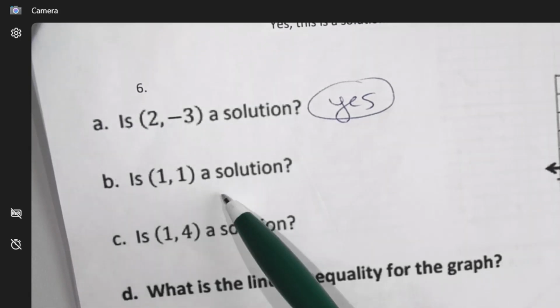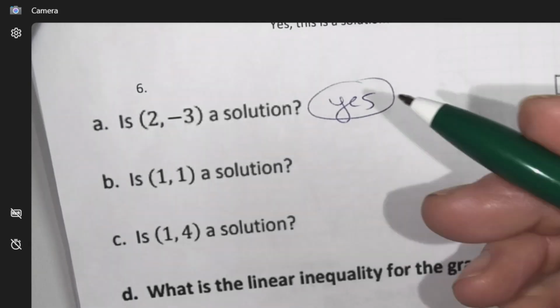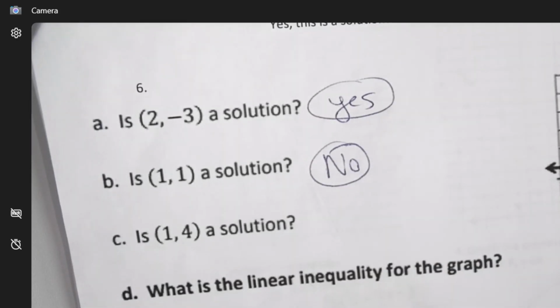Is 1, 1 a solution? So 1, 1 is right here. My pen is right there. It actually lands on this line. 1, 1 is actually directly on this line. So would it be considered a solution on this one or not? The reason it's a no. And why?